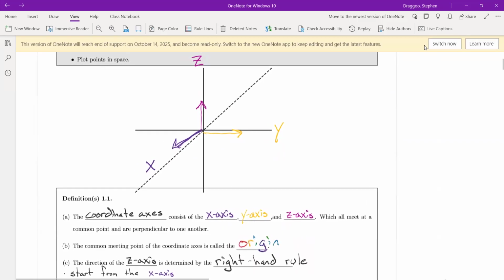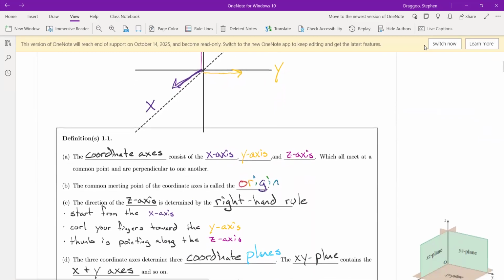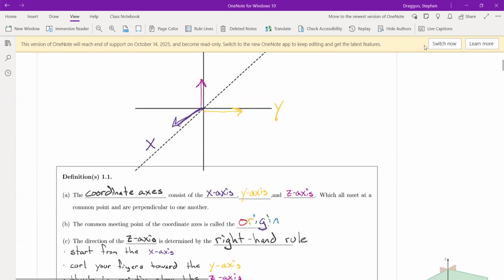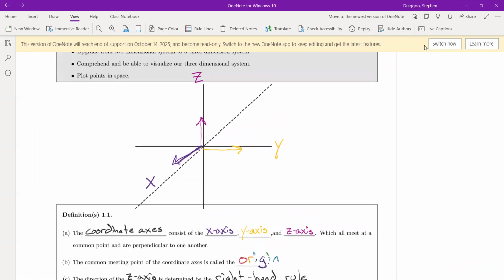The most exciting part to talk about here, though, is the right-hand rule, which is how we order the x, y, and z axes, because order is going to matter for us. The most standard way to organize the axes is to have x coming out of the page, y going left and right, and z going up and down.